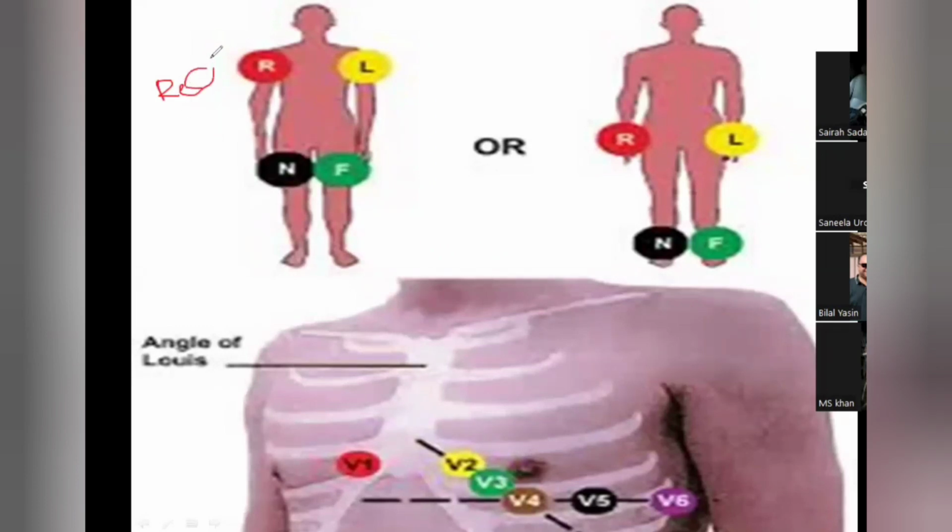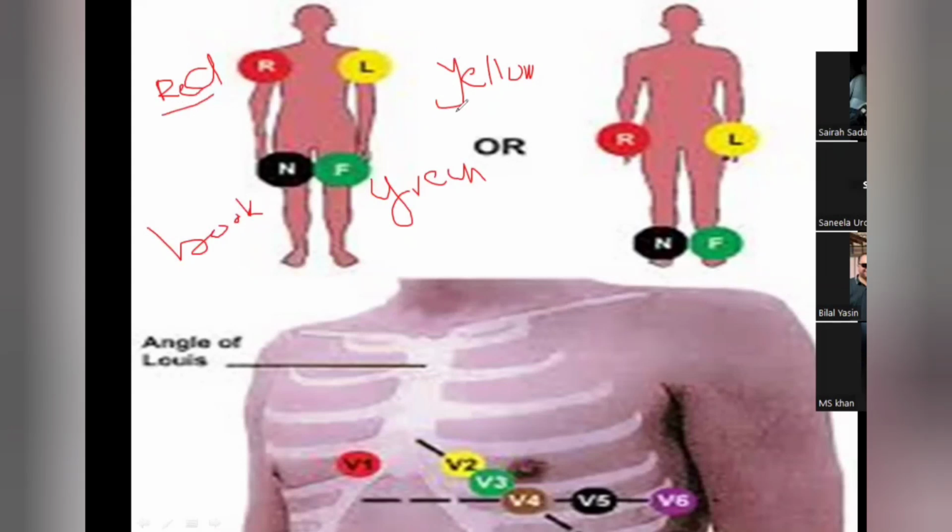It's "read your" means yellow, and green, read your green book. We learned this when we were doing our house job. So "read your green book" means R for red, Y for yellow, green, and B for black.